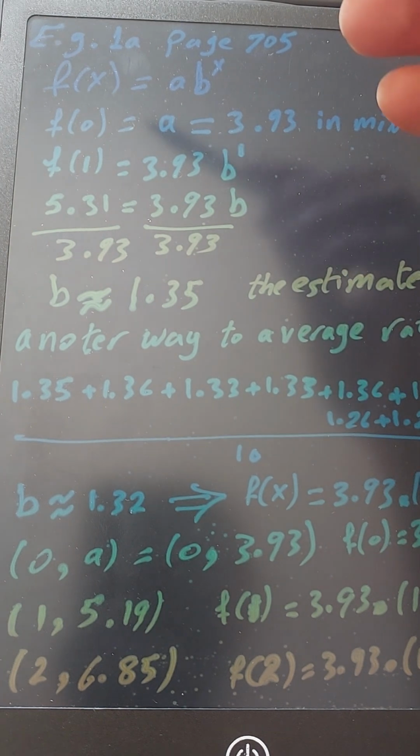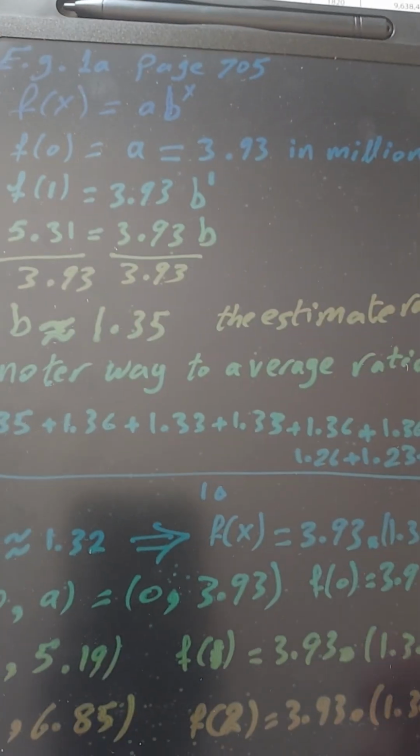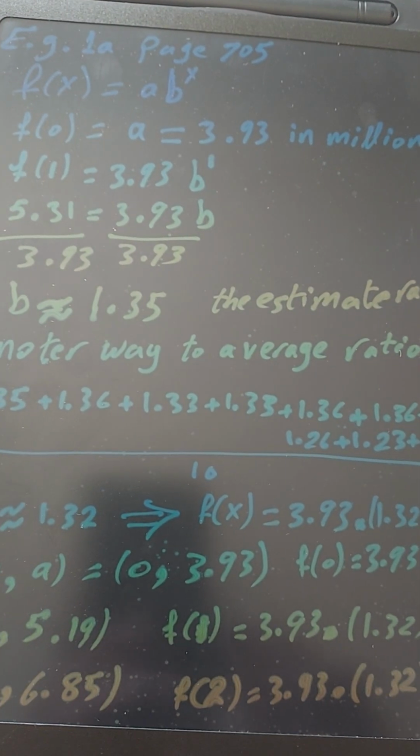We're going to take example 1a on page 705, and we have a table given to us. Let's look at the question first.